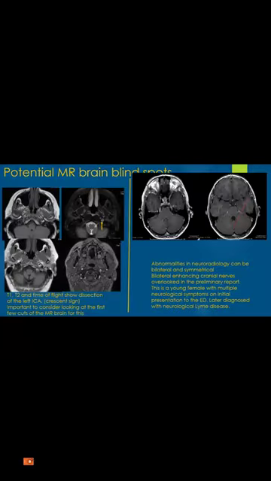Again, here, potential MRI brain blind spots. This is the crescent sign, dissection of the left ICA. And this patient had rickettsia, an infectious disease that we see in the north of America. The residents looked at this, a 13-year-old female.